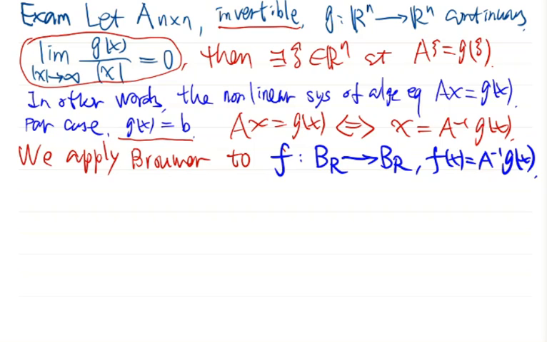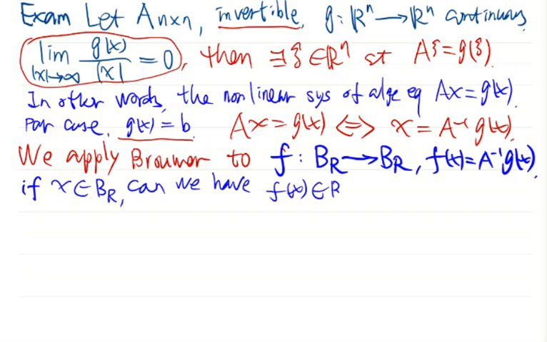The only question is that if x belongs to the ball B_R, can we have f(x) also belonging to the ball B_R? This is the only problem we need to answer.